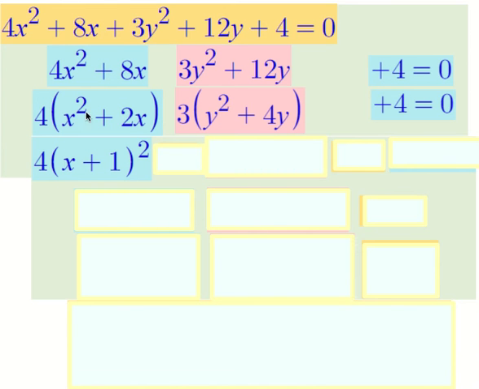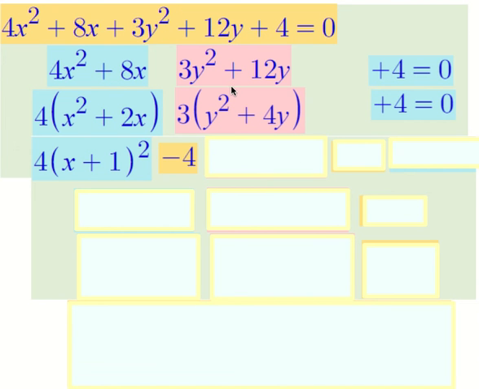Now, if I was to expand this out, it would be 4x squared plus 4x plus 4, because this 4 would multiply by the 1. So by writing x plus 1 squared, what I'm really doing is adding 4 to this equation. So in order to compensate for that, right here, I'm going to put minus 4.